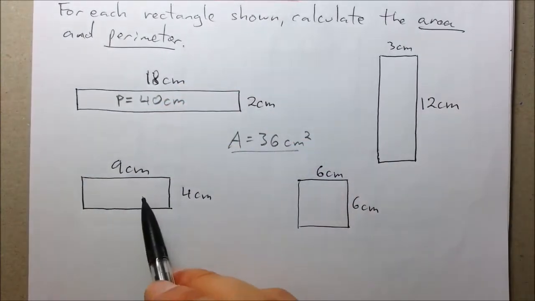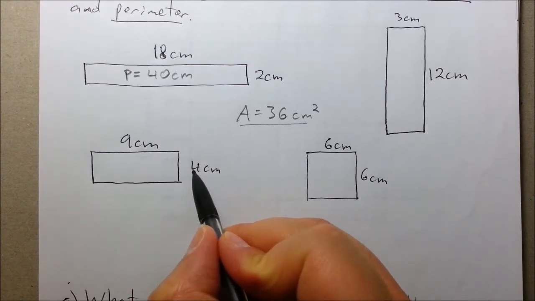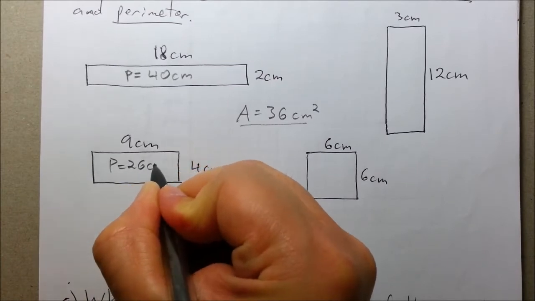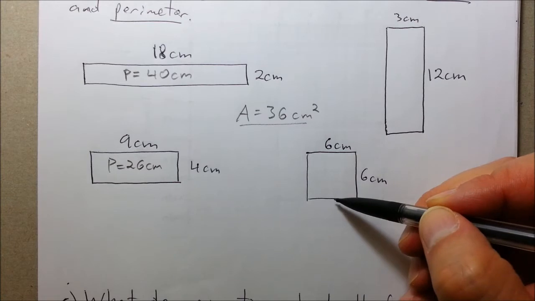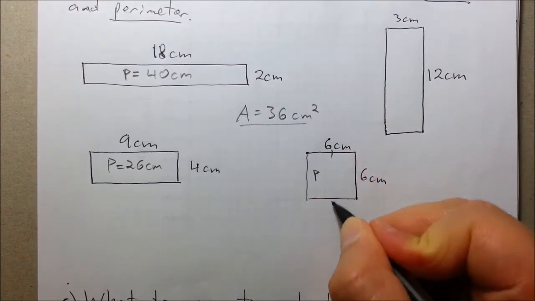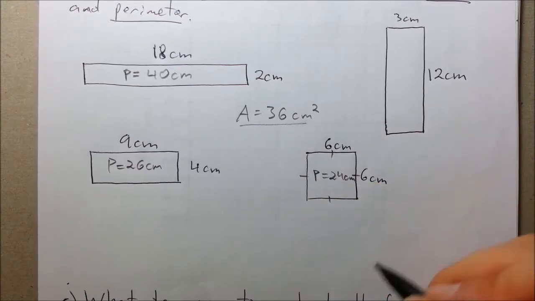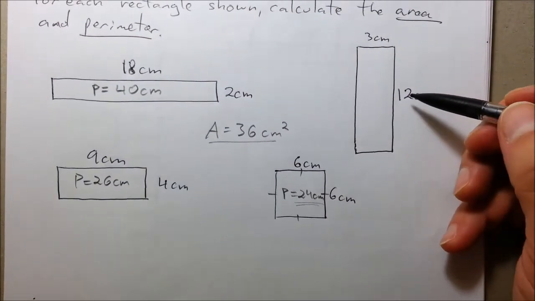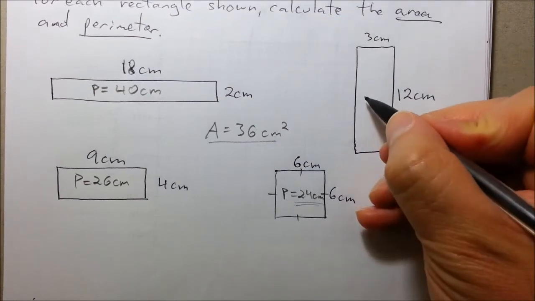All right, here, 9 plus 9 is 18, plus another 4 is 22, plus another 4 is 26 centimeters. How about here? 6 plus 6 is 12, plus another 6, 18, plus another 6. It's 24. So P equals 24 centimeters. And this is 12 plus 12, that gives us 24, plus another 6, that's 30 centimeters.